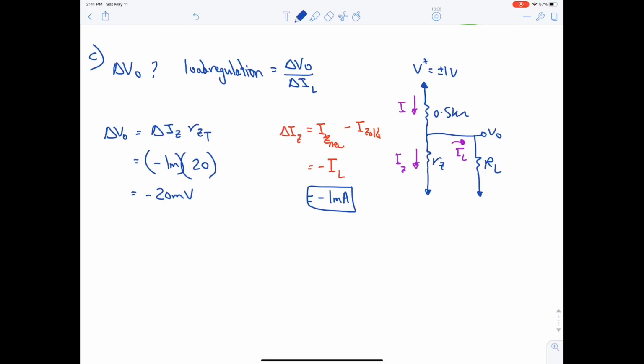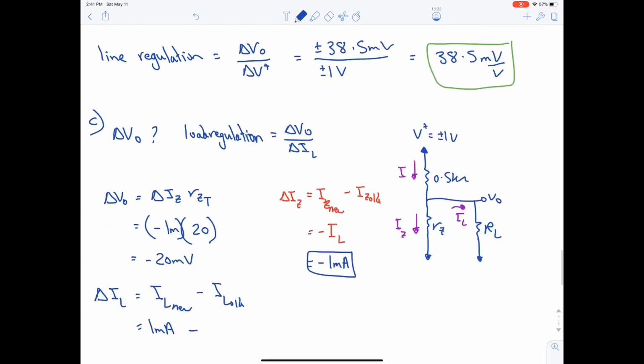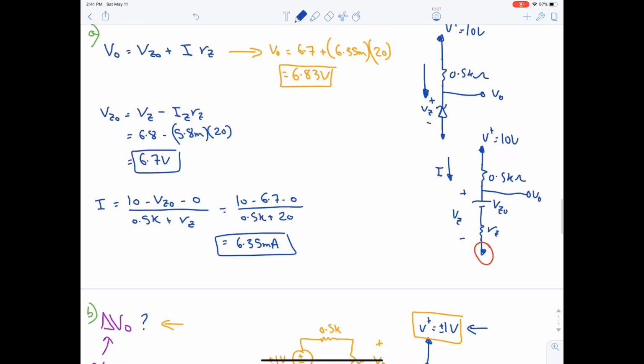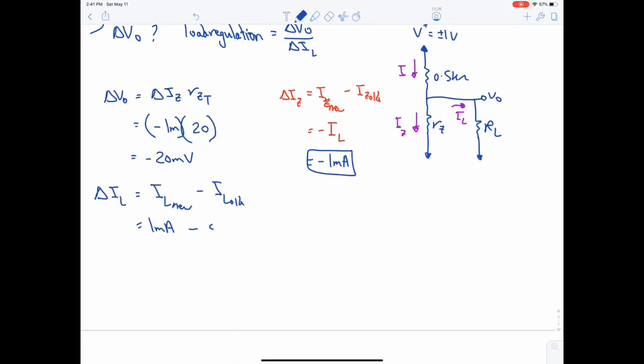Now what is delta IL? Delta IL is IL new minus IL old. IL now is 1 milliampere, while IL old in the previous part, there was no load current. So IL old is 0. So here it's 1 milliampere.